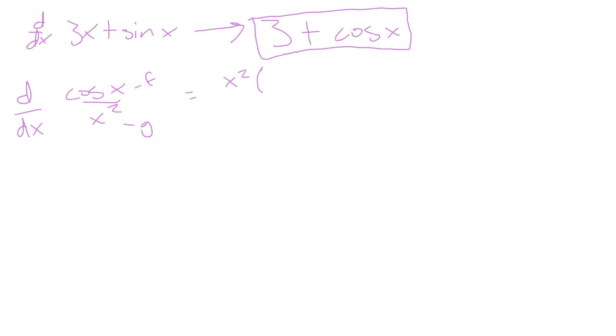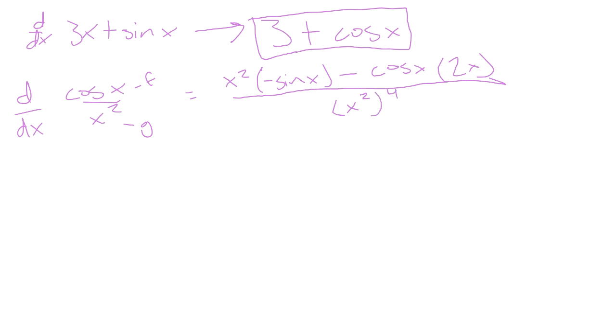Well, the derivative of f equals cosine of x is negative sine of x, minus our initial f, which is cosine of x, times the derivative of x squared, which is 2x, all over x squared to the fourth.